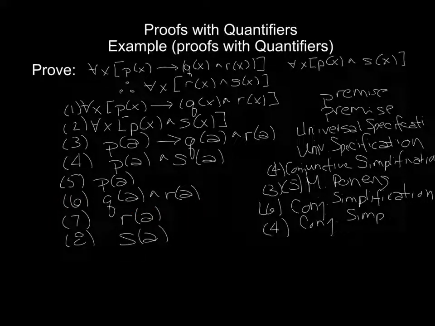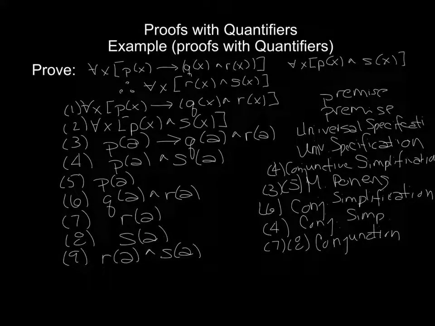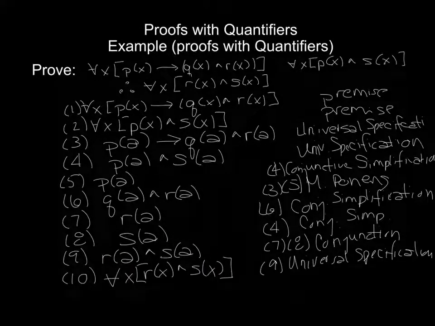And another use of the rule of conjunctive simplification over here, I just take the s of a. Using the rule of conjunction, I can join 7 and 8 with an and. And then to finish, I can use the rule of universal generalization. Since my a did not have any restrictions on it, I can say this holds for all x, r of x and s of x, and thus I am done with my proof.